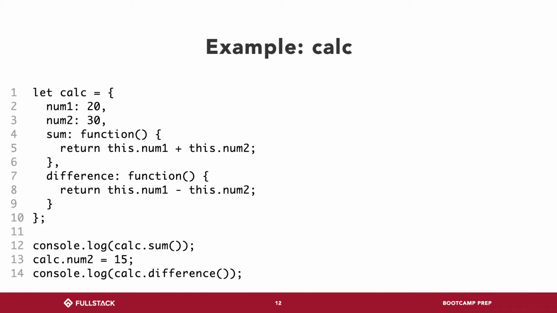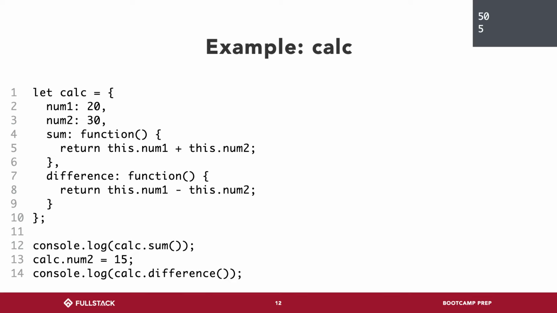But what will we get here? calc.difference. Yes, 5. Because before we call calc.difference, we reassign calc.num2, we're reassigning that 30 to be 15. So that's why 20 minus 15, that's why we get the 5. Any questions on that?